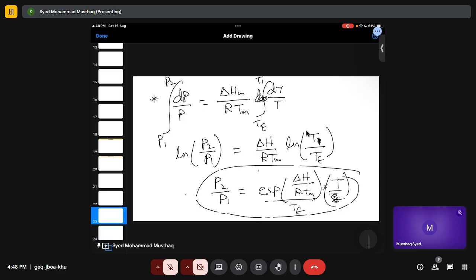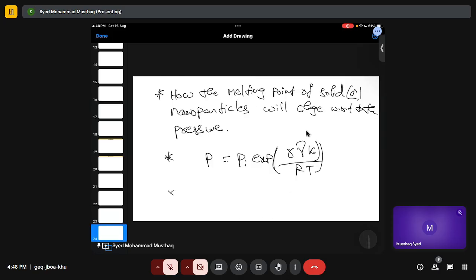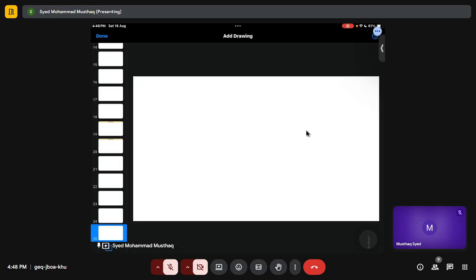And then the melting point relation is given by T equals TE times 1 minus gamma V beta by R into delta HF. Now this is another relation for melting point. So these are the things related to the thermodynamics part.